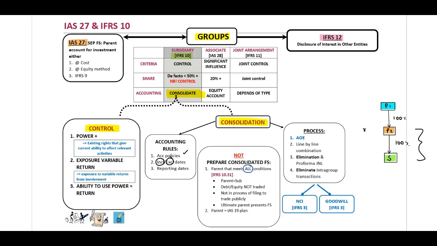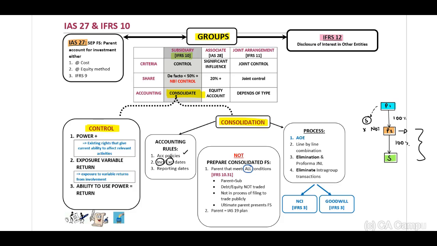number 2 is a subsidiary of another company, yes, of parent 1, plus debt or equity of parent number 2 is not traded, not listed on the JSE, or parent number 2 is not in the process of filing to trade publicly. They're not in the process to register to be able to trade shares publicly on the JSE.